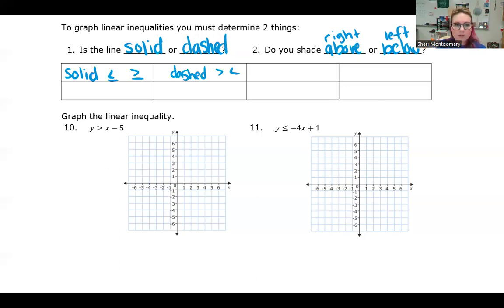So it's pretty easy when you graph and it's a solid line, it's going to look like a solid line. Now keep in mind that line could be tilted in different ways, but it's a solid line. When your graph is dashed, it needs to look dashed. Now you still put arrows on a dashed line, but it needs to look dashed.